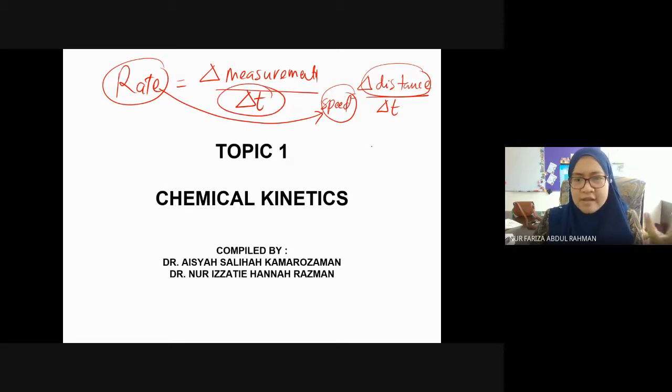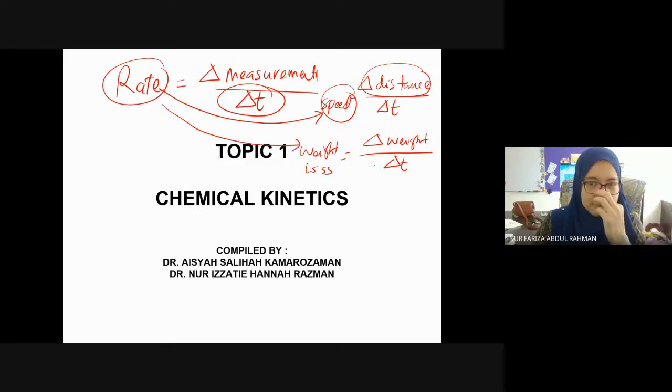And then another example, we have weight loss in terms of change in weight over change in time. So this is called weight loss. This is also rate. As you can see, we have t there.